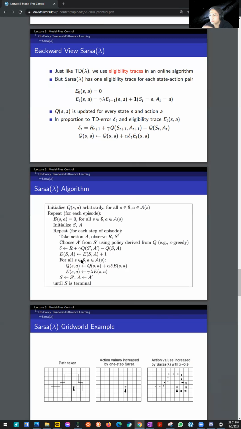But note that, unlike the line just above, where we only deal with one specific state action pair, now we're updating all of the state action pairs in the matrix. In the naive implementation, I said we're using a matrix, so we're updating all of the data cells in that matrix.